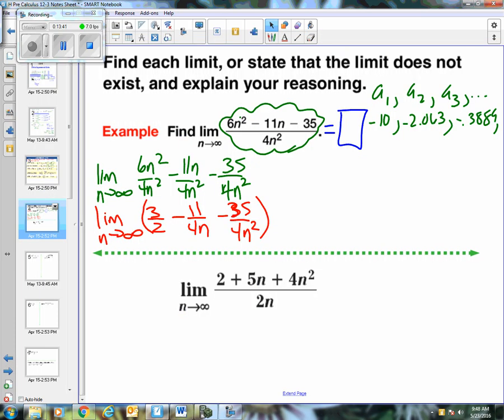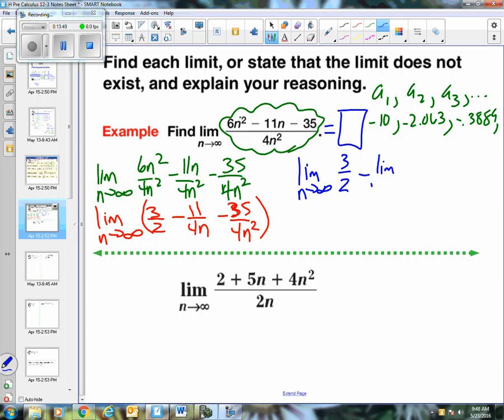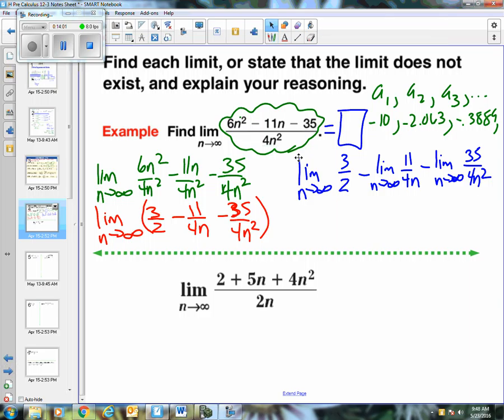So I'm going to write this as the limit of each of these separately. The limit as n approaches infinity of the first one, which is 3/2, minus the limit as n approaches infinity of 11 over 4n, minus the limit as n approaches infinity of 35 over 4n squared. And I'm going to look at what happens to each one of these pieces separately. So let's talk about the first one. The limit as n approaches infinity of 3/2. 3/2 is a constant.